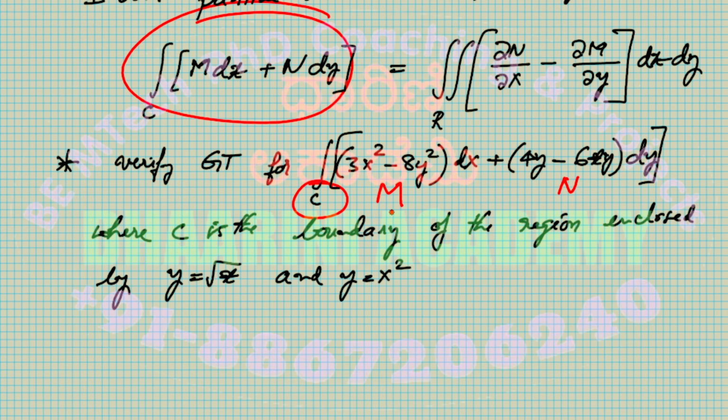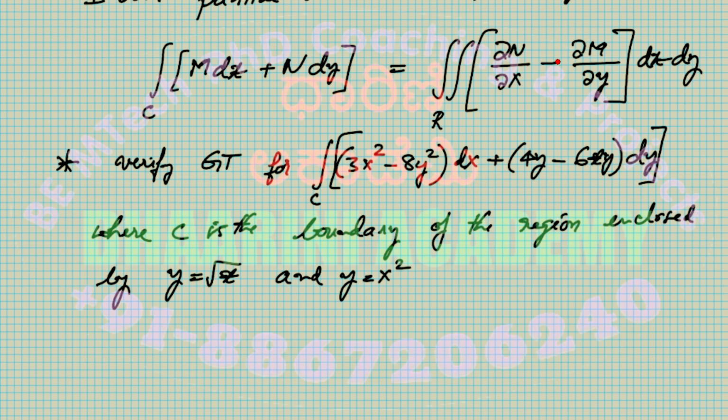First, I need to integrate this as it is, but I need to find out the C first. So we'll find out the C, we'll solve it first, and then we'll go to the RHS. We have to create that equation, because dou N by dou x and dou M by dou y, I can calculate that and substitute over there. R is different. R is a region. R is an area. When you have an area, you can double integrate. Okay, right?